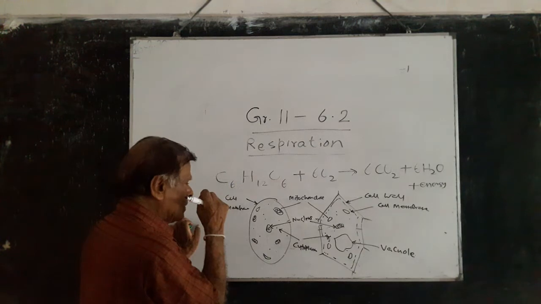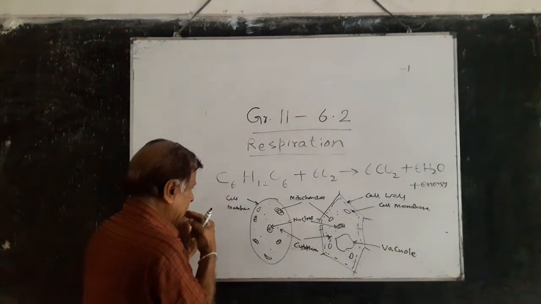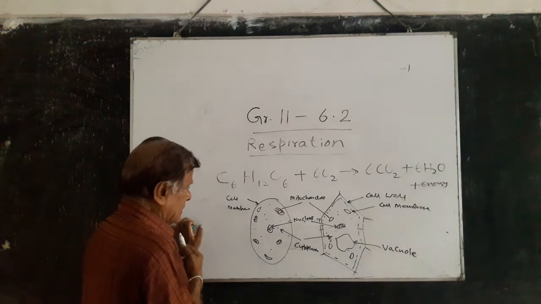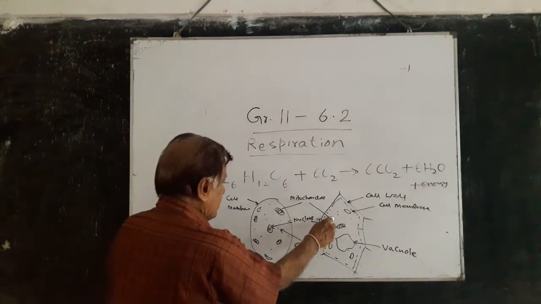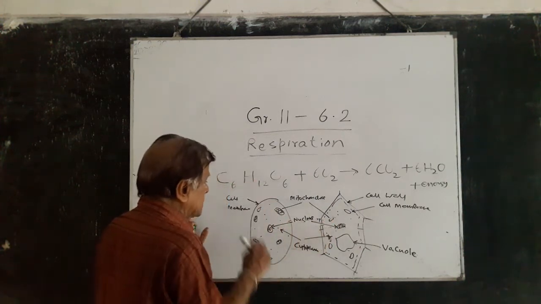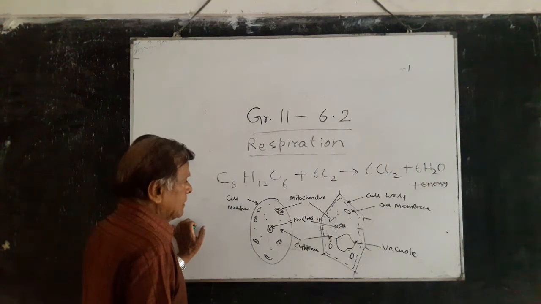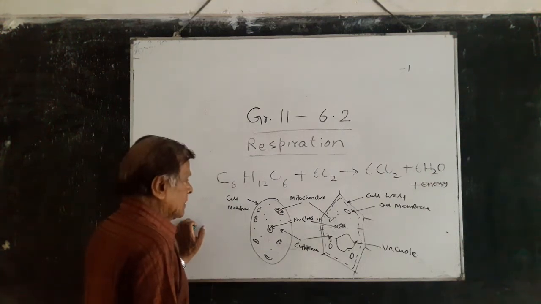You have come across these organelles which we call mitochondria. This process occurs in mitochondria. The respiratory process occurs in mitochondria.